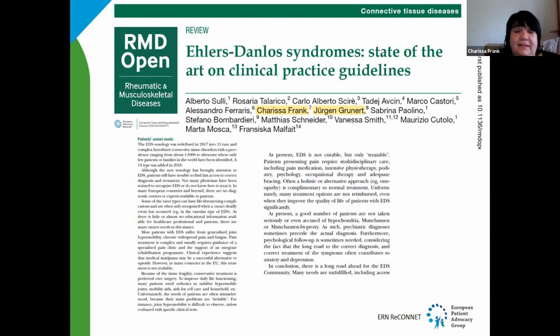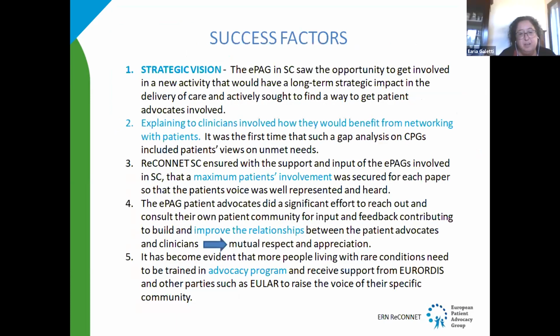Okay. Ilaria? Yes. So now I will go through what led us to the success. First, we started with a strategic vision for long-term impact, because we wanted to deliver something that will give results through the years in the delivery of care, of course.